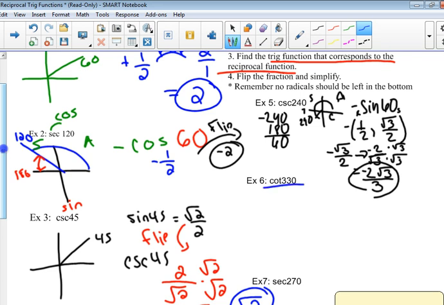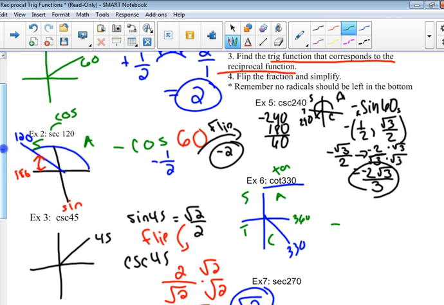Now, when you guys do your cotan 330, make sure we're careful. 330's over here, here's your 360, and ASTC, remember cotan goes with the tangent, so is cotan positive in the fourth quadrant? No, it's going to be negative. When you have cotan, remember we have options. Do we know what the tangent of this is? No. But I know I have 30 degrees as my reference angle.